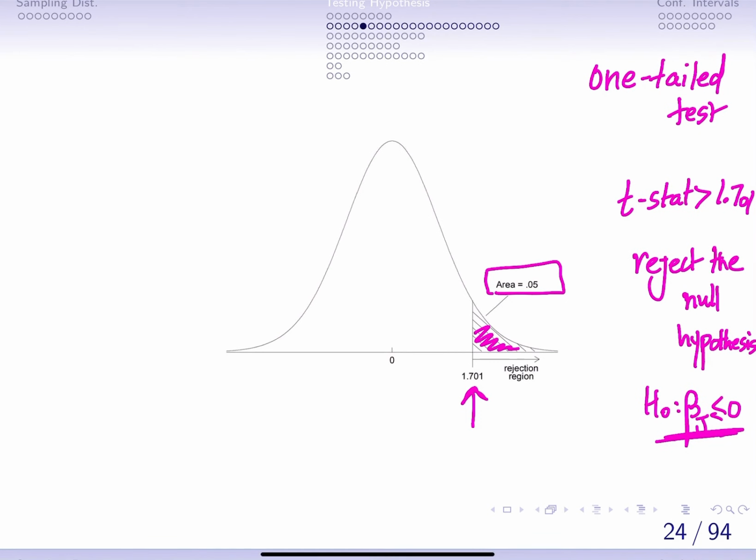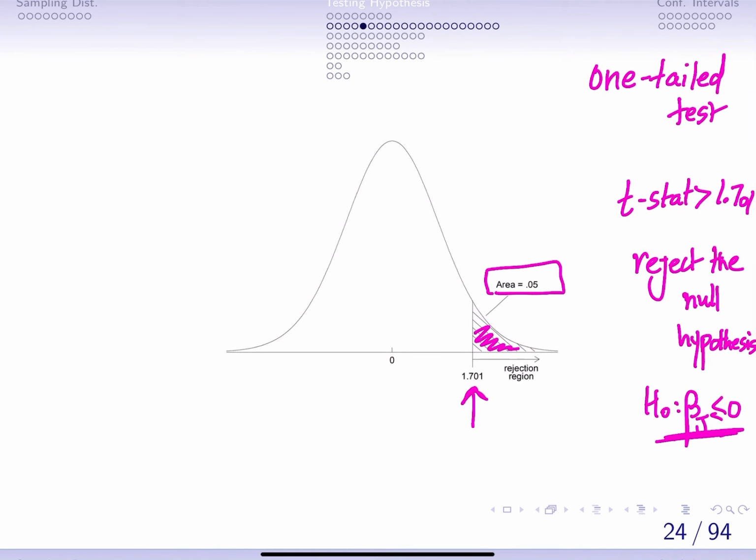But you can carry out the test at different significance levels, at the 10% level or at the 1% level. This is weaker, this is stronger, in terms of how often you make a type 1 error.